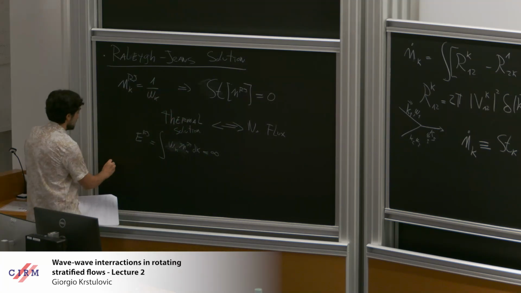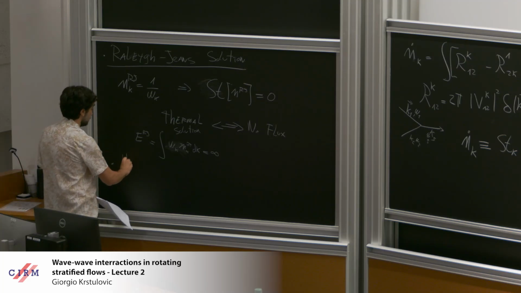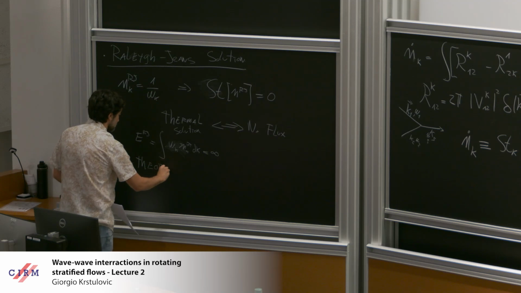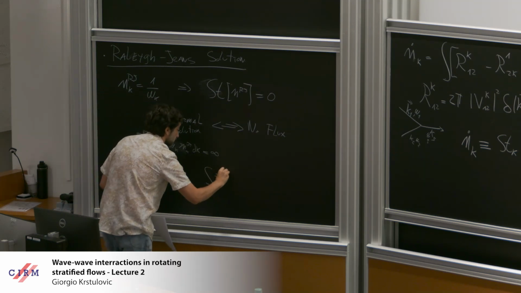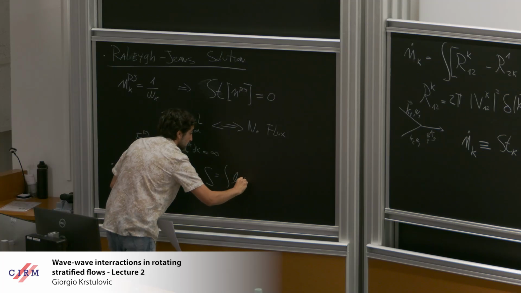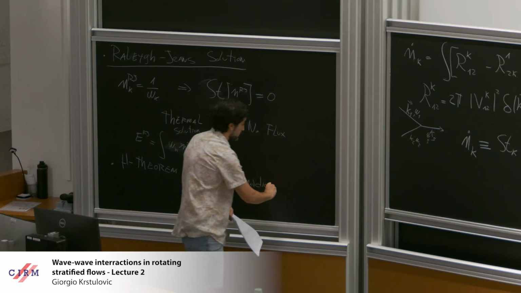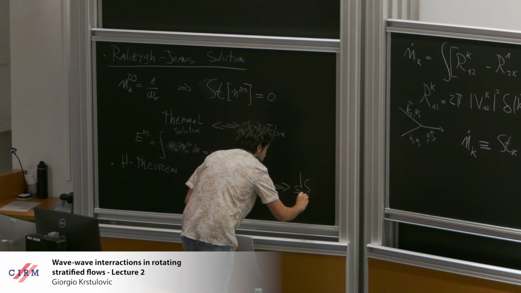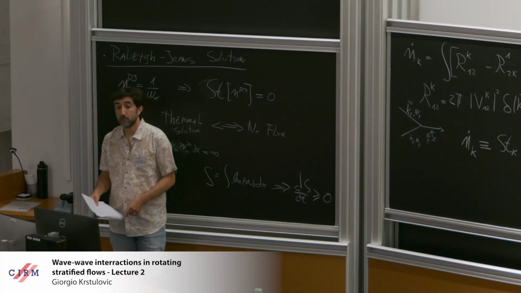today. And the last thing I want to say about this Rayleigh-Jeans is that there is an H theorem, which is actually super easy to prove. If you define an entropy function, which is just the integral of log n, it's a trivial calculation to show that dS/dt is greater or equal than 0.